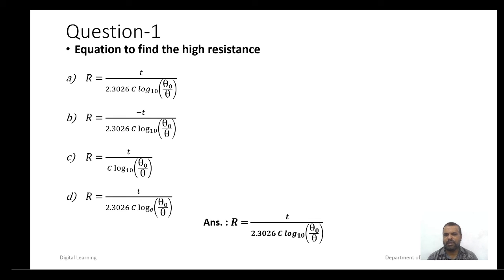Option C, R is equal to t divided by C into log of theta naught divided by theta to the base 10. Option D, R is equal to t divided by 2.3026 into C log of theta naught divided by theta. The correct option is R is equal to t divided by 2.3026 into C log of theta naught by theta to the base 10.